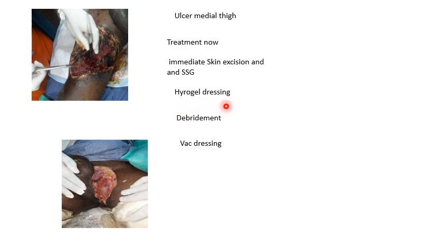So the answer will be debridement. You can see a surgical debridement going on there. Then you can decide to put a vac dressing. Then you can put a hydrogel dressing. Finally, you can take for an SSG, but not immediate. So the answer here will be a debridement by whatever methods is appropriate and available.